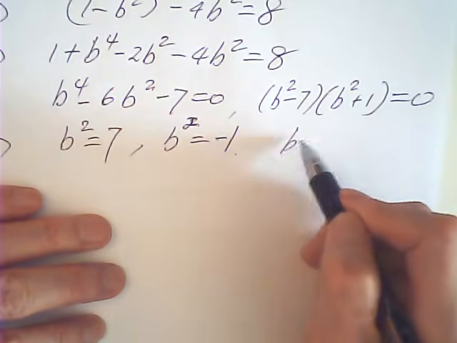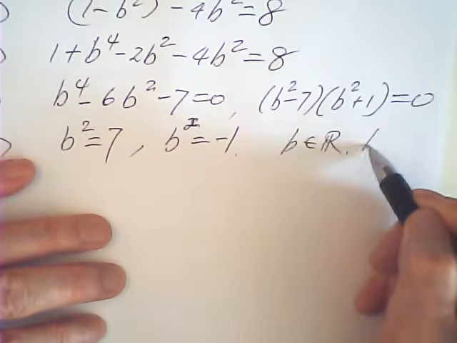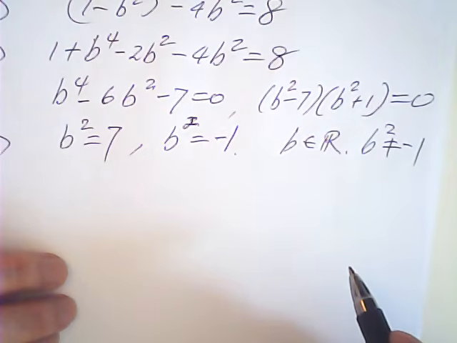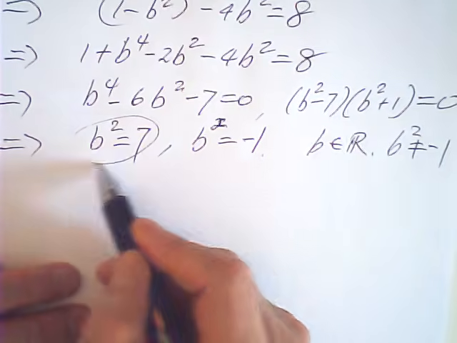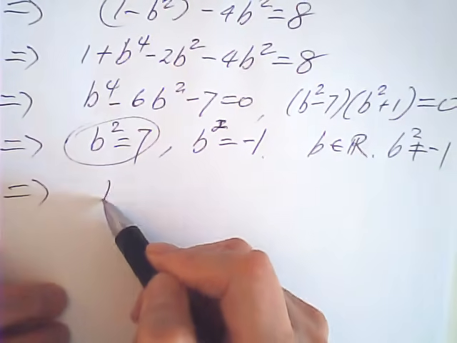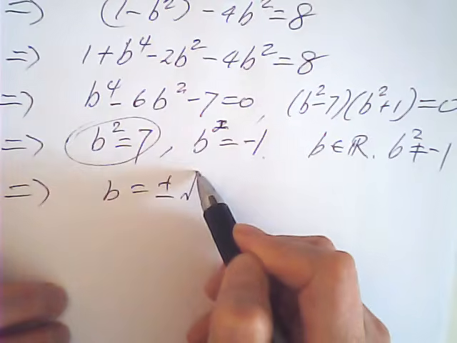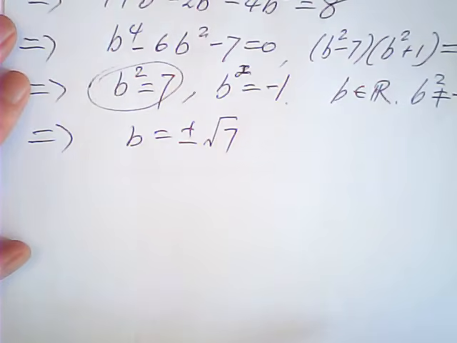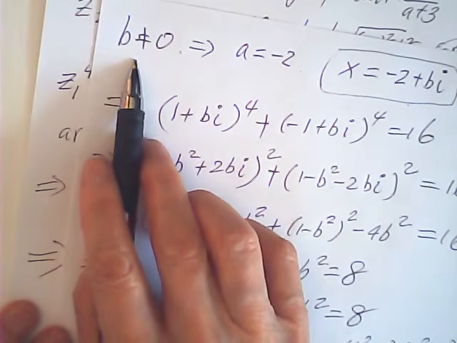Now, B is a real number. Therefore, B squared cannot be negative 1. So left only this. So B is plus or minus root 7. We found B. And A is negative 2.